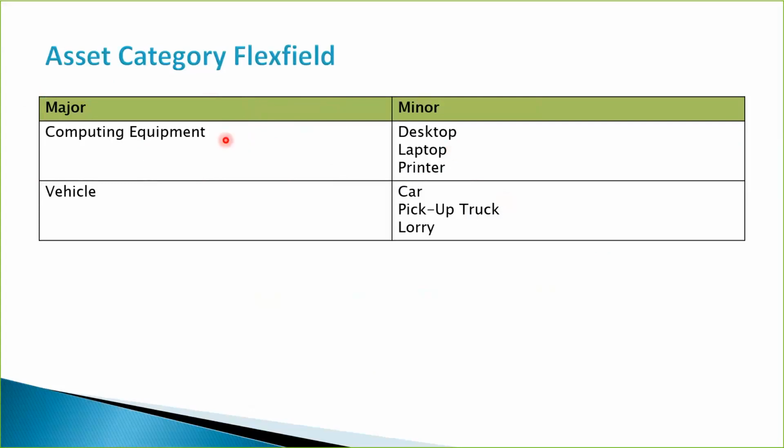So the combined character width of the values in these segments should not exceed 30 characters. And then there's the other thing: when you're generating reports, you might not have enough space or real estate in your reports if you have many segments in this Flexfield structure. So we are going to create something like this.